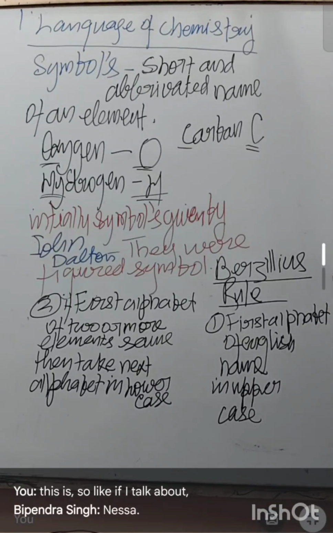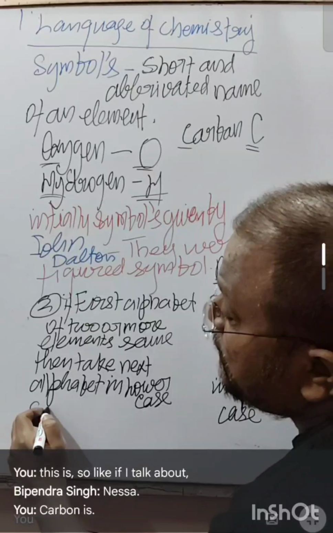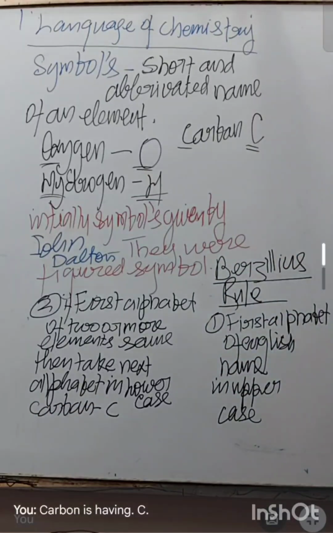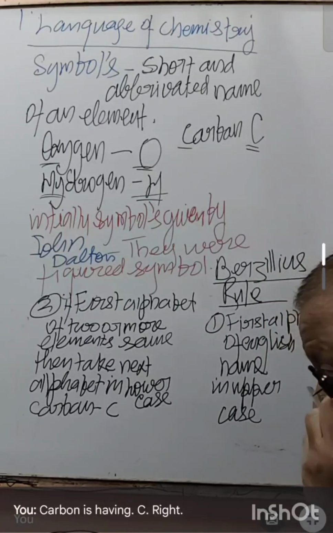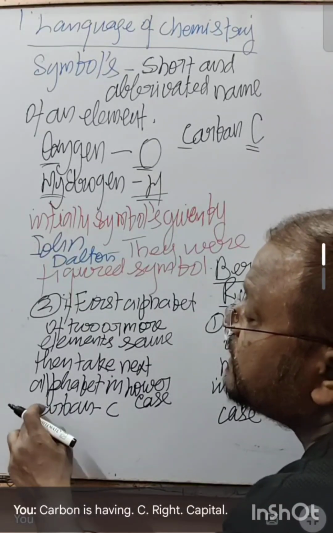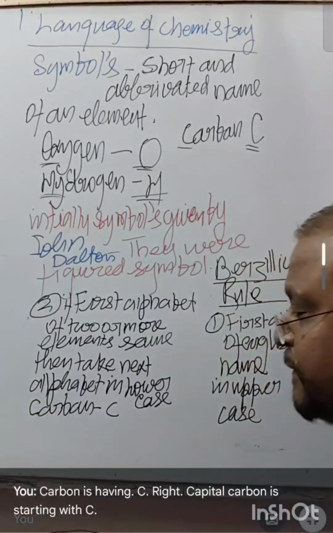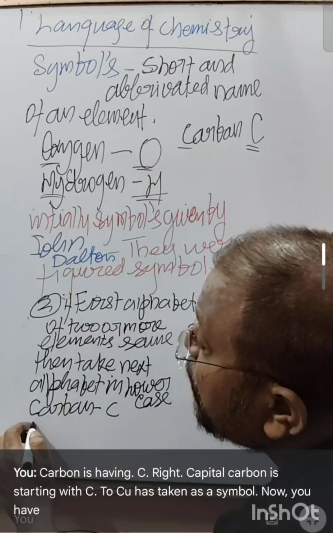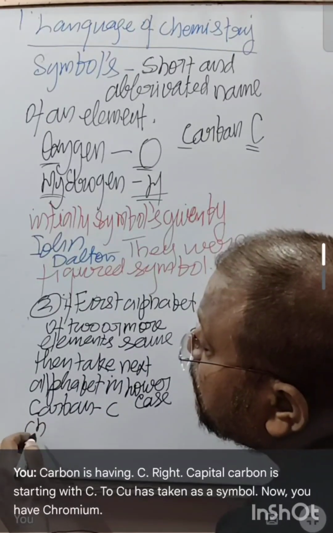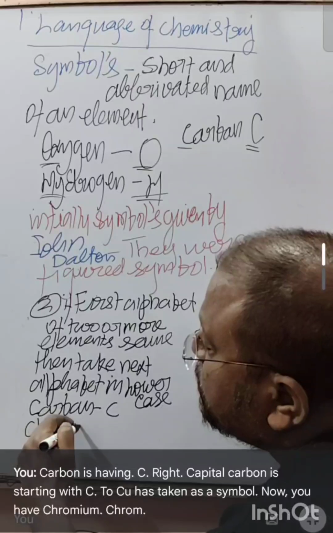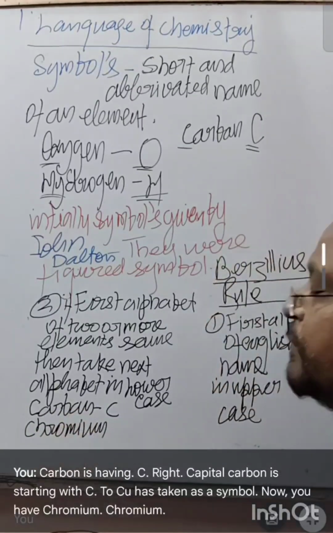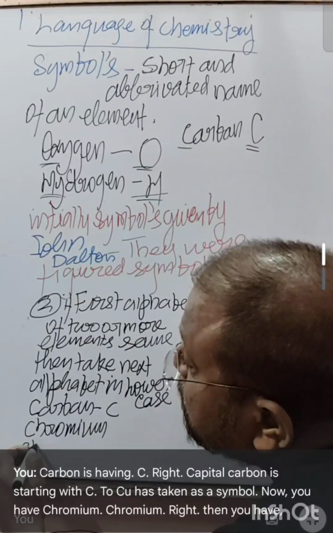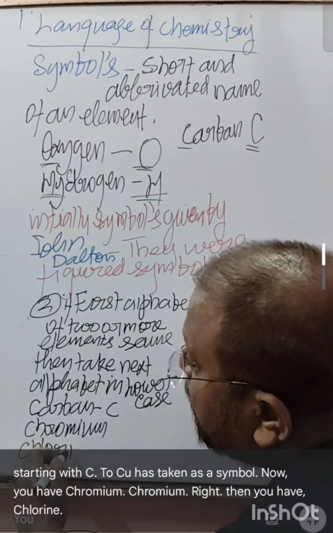If I talk about carbon, it starts with capital C, so C you have taken as a symbol. Now you have chromium. Then you have chlorine.